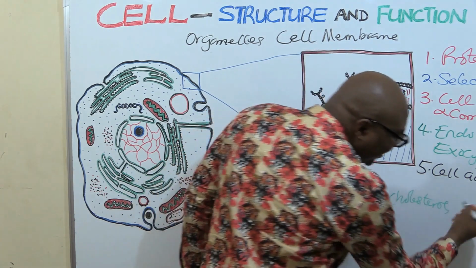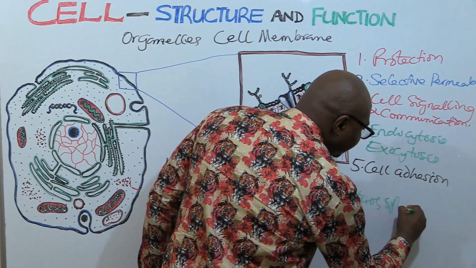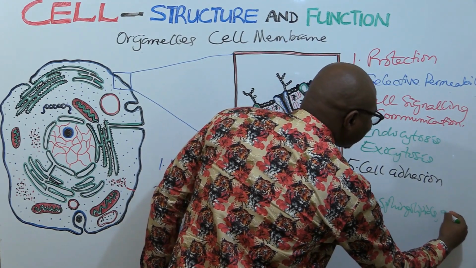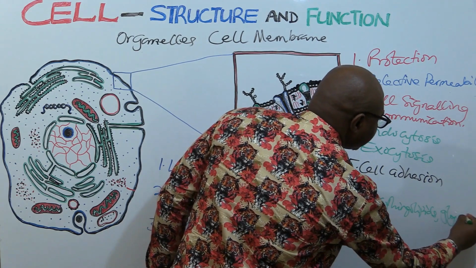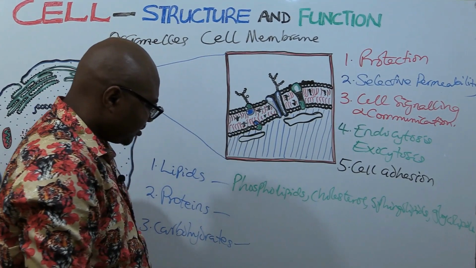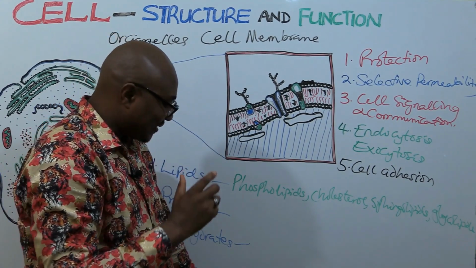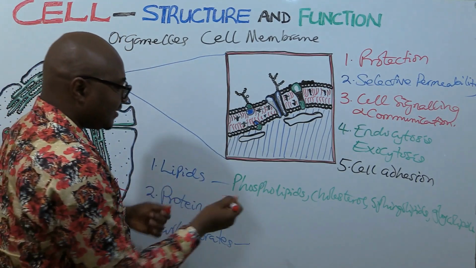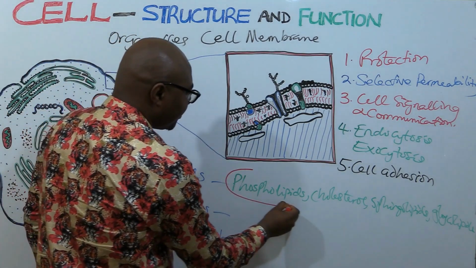You have sphingolipids. You also have glycolipids. But the most important and most abundant amongst the lipids is the phospholipids.